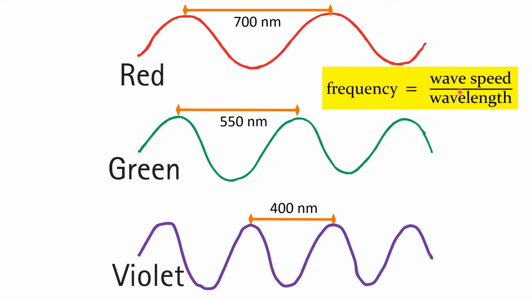The smallest wavelength is going to have the highest frequency, as you can see here for violet. So in the same amount of distance as these green and red waves, violet has more oscillations in that distance, which is why we say it has higher frequency. Red, with the longest wavelength, would have the lowest frequency. So mathematically, because wavelength is in the denominator.